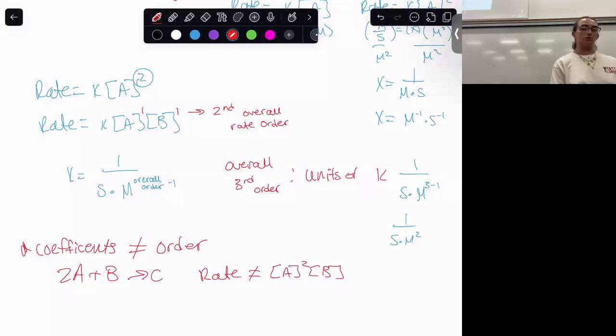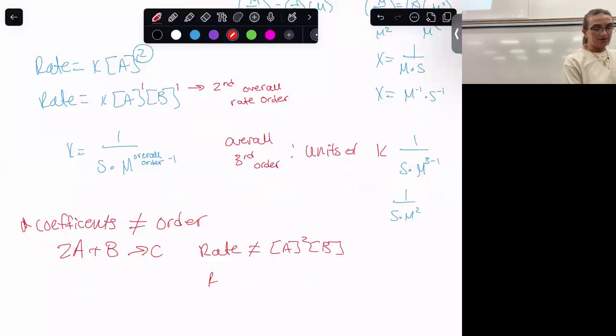You can't conclude that. It might be rate is equal to K times B to the third, right? You never know. You have to have more information than just the overall balanced equation in order to come up with the rate law. So you can't switch back and forth between the two. You need to be given more information.